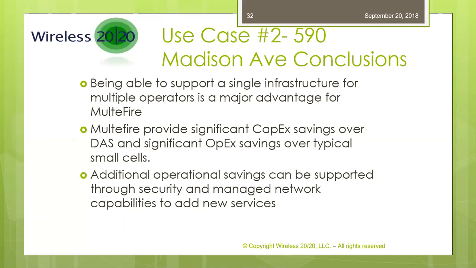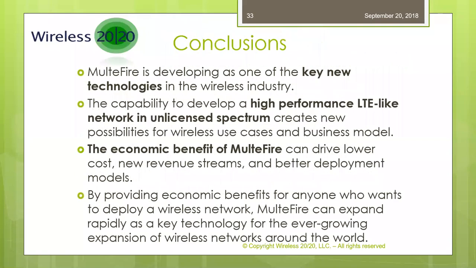MulteFire provides significant Capex savings over DAS and significant OpEx savings over small cells. In either case, when we look at the total cost of ownership, MulteFire provides some great advantages when we're looking at the in-building case over deploying DAS or a typical single operator small cell deployment.